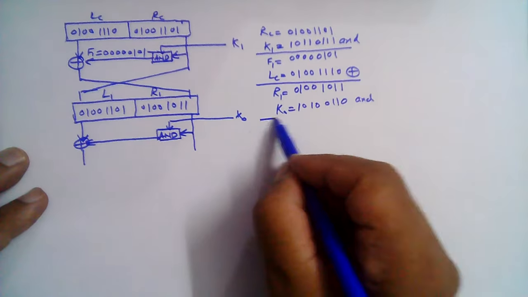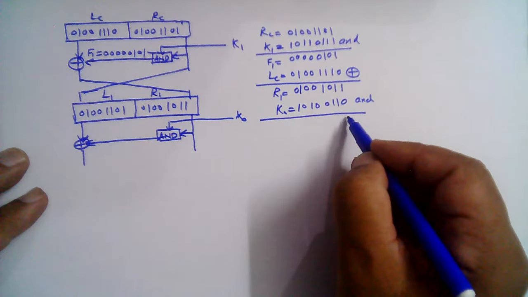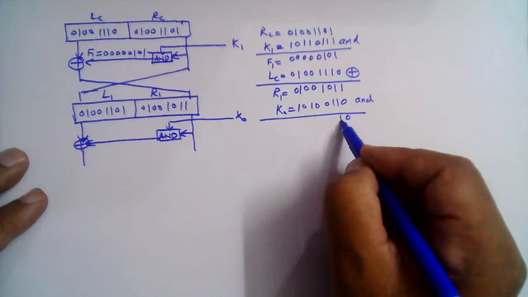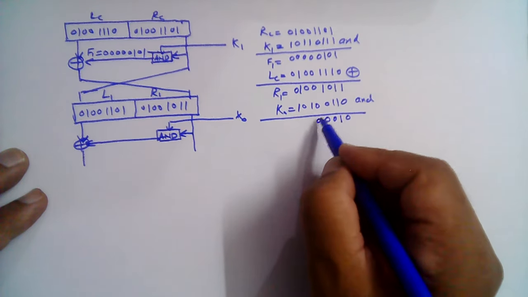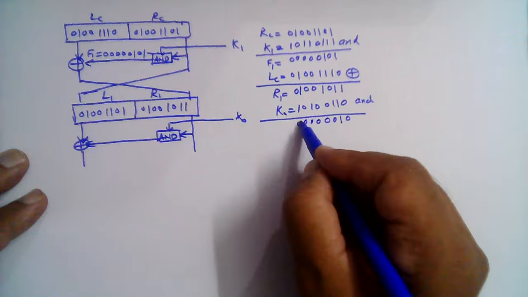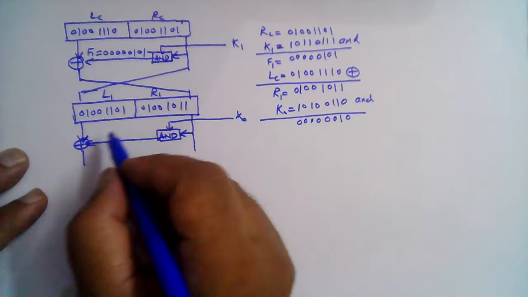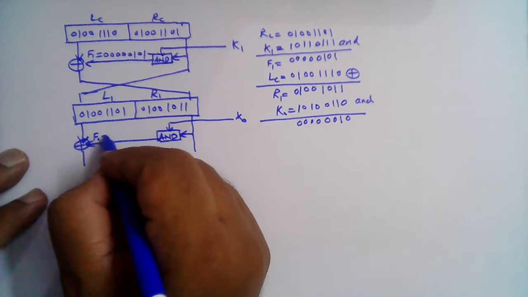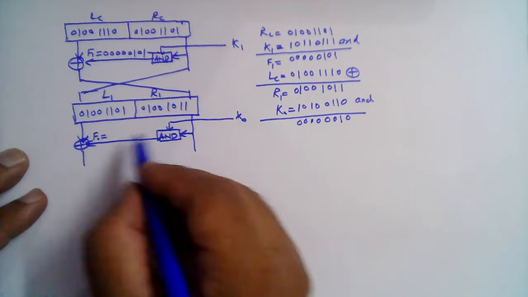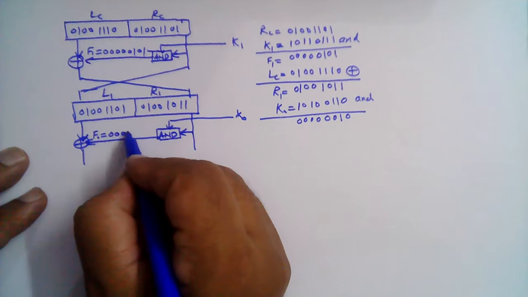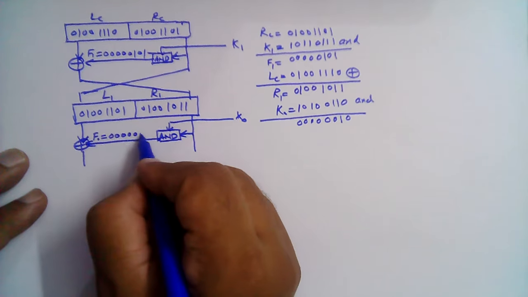So this is now F naught. We are running in reverse. This was F1, this is now F naught, 00000010.